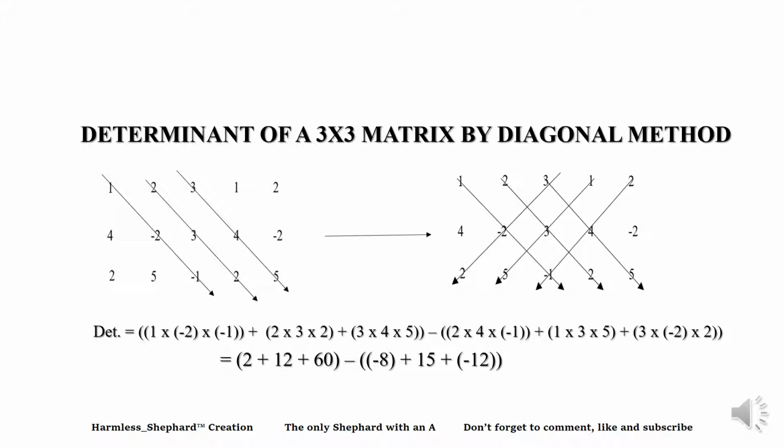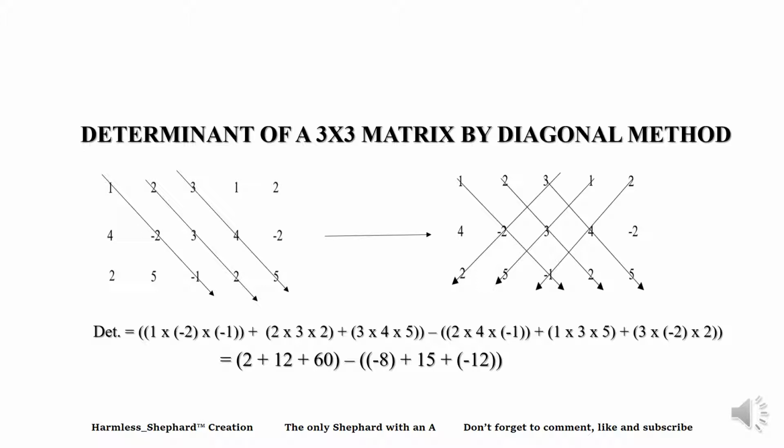So now we'll resolve each of these brackets. First, the first bracket, we have 1 times minus 2 times minus 1, which will give us 2. Second bracket, 2 times 3 times 2, which will give us 12. And the third bracket, 3 times 4 times 5, which will give us 60, minus, then we go to the fourth bracket.